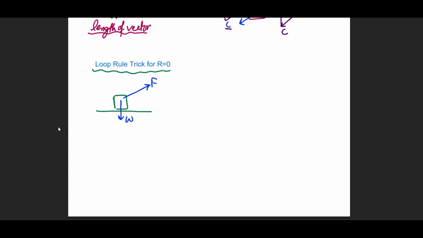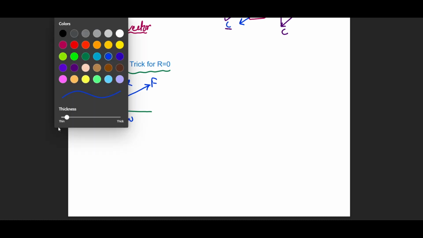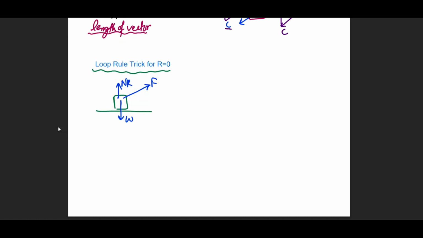So let's say this might be the weight, and this might be the normal reaction coming from the floor. And there might be another force involved here, that is friction, which is eventually causing this object to not move from its place. But we're ignoring that for now because we'll only talk about three forces for this example at least, to understand what that loop rule is.